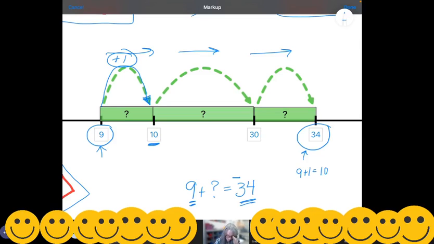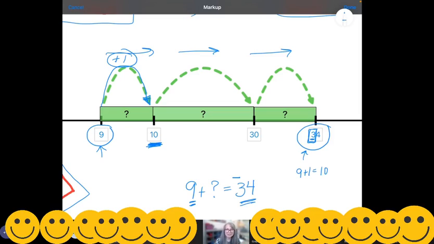When I look at the tens place in 34, I know that the 3 represents 30. So if I'm at 10, I could jump to 30 and still be safe. I can still go farther than 30 for this particular problem.